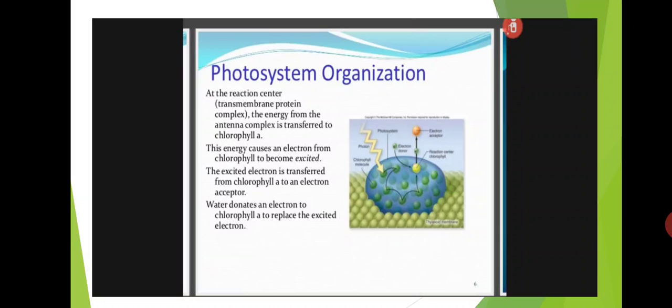In the next step, the photons enter the reaction center. At the reaction center, the energy from the antenna complex is transferred to chlorophyll A. Then this energy causes an electron from chlorophyll to become excited.